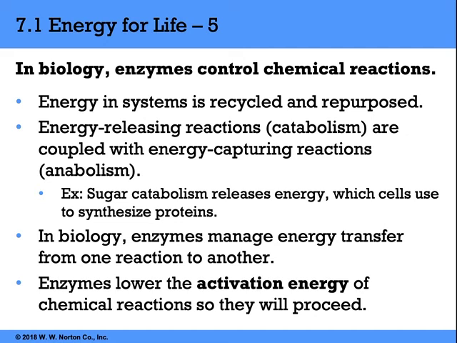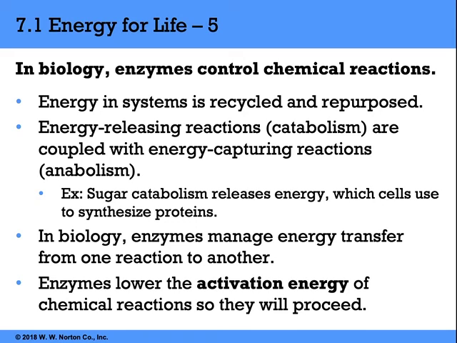These chemical reactions, those that are what we would call exergonic, the ones that give off energy when they proceed, would happen on their own, but they would be much slower because we would be waiting on things like random collisions in order for those reactions to take place.